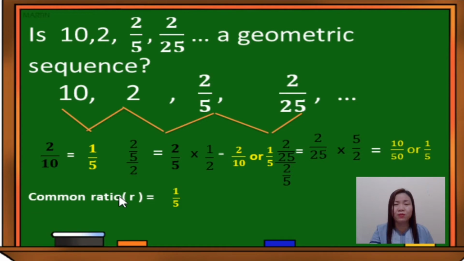I want you to observe that they have a common quotient, so we can say that their common ratio is 1/5. Can we say that 10, 2 over 5, 2 over 25 is a geometric sequence? The answer is absolutely yes.